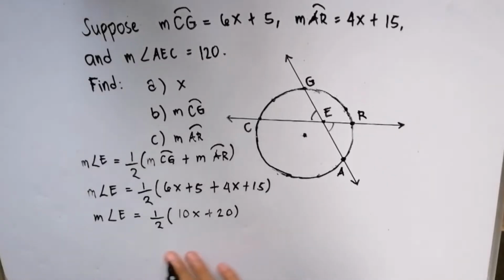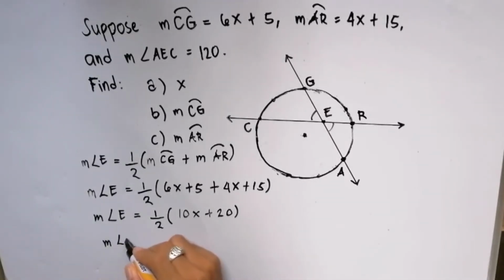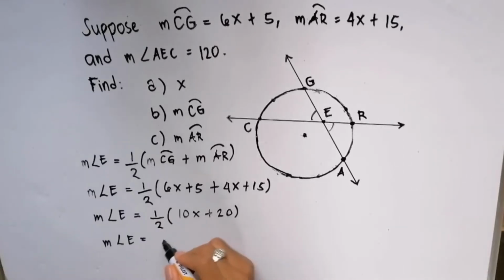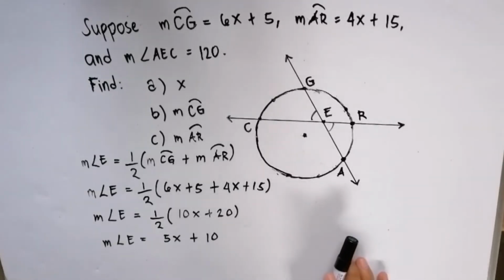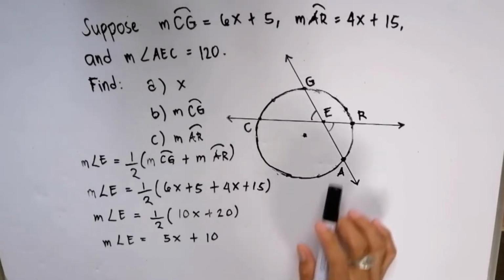Then multiply, so the measure of angle E is equal to 5x plus 10. So we derive this angle E is equal to 5x plus 10 without knowing the specific measure of this angle E.